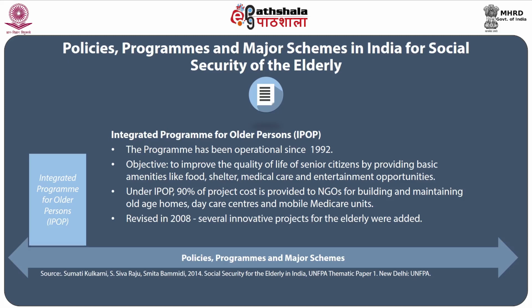The program underwent a revision in 2008, after which several innovative projects for the elderly have been added, like daycare centers for Alzheimer's or dementia patients, physiotherapy clinics, helplines, counseling centers, awareness programs for the elderly and caregivers, sensitization programs for children in schools and colleges, formation of senior citizens associations, etc.